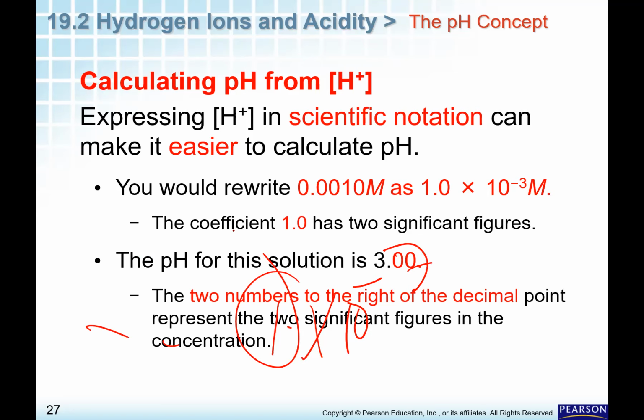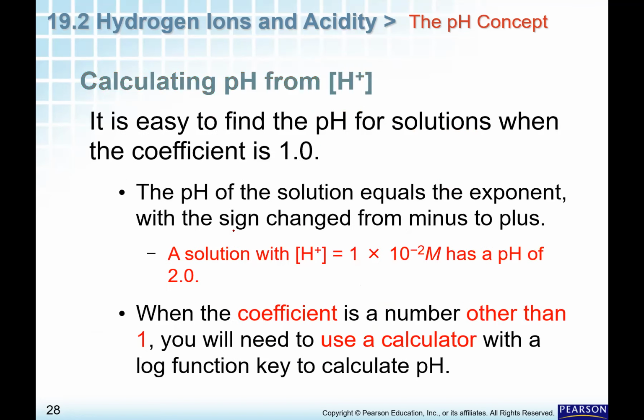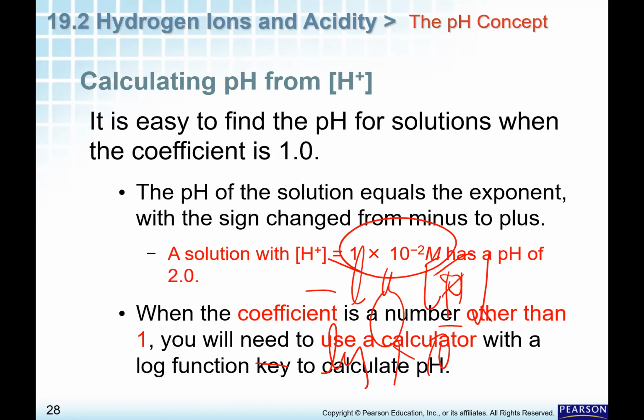So we can calculate the pH using our knowledge like this. A solution with H plus equal 10 to the minus 2, for example, the pH is 2. How do we know that? Because negative log of the concentration of H plus, negative log of 1 times 10 to the minus 2, is equal to the negative log of 1 plus the negative log of 10 to the minus 2.